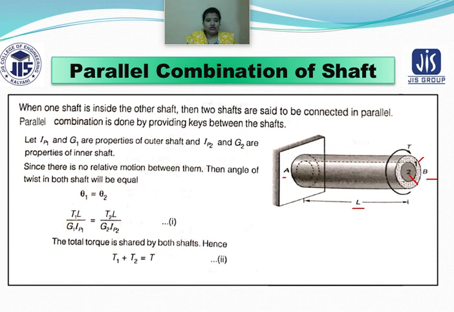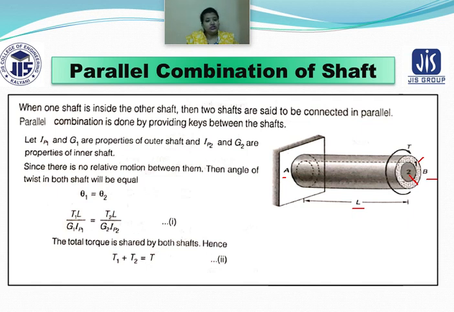For the outer shaft, I am considering IP1 as the polar moment of inertia and G1 as the modulus of rigidity. Whenever I talk about IP2 and G2, that is the property of the inner shaft: polar moment of inertia IP2 and modulus of rigidity G2.